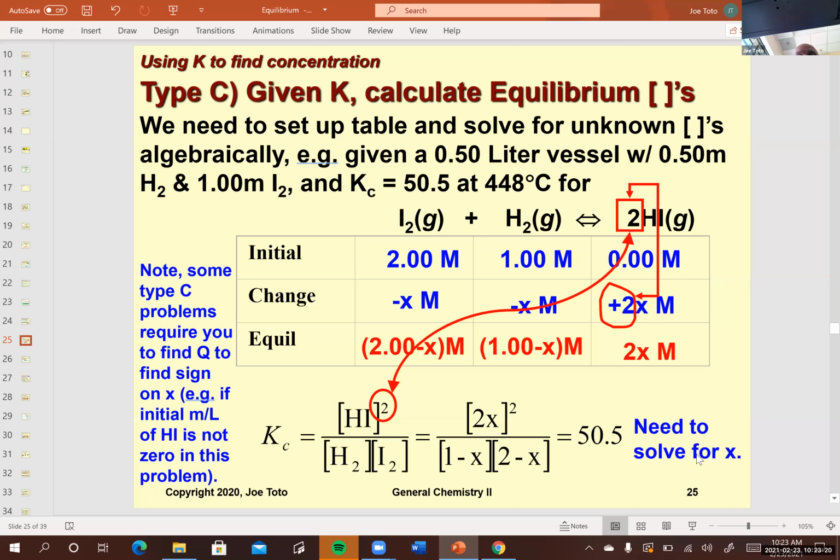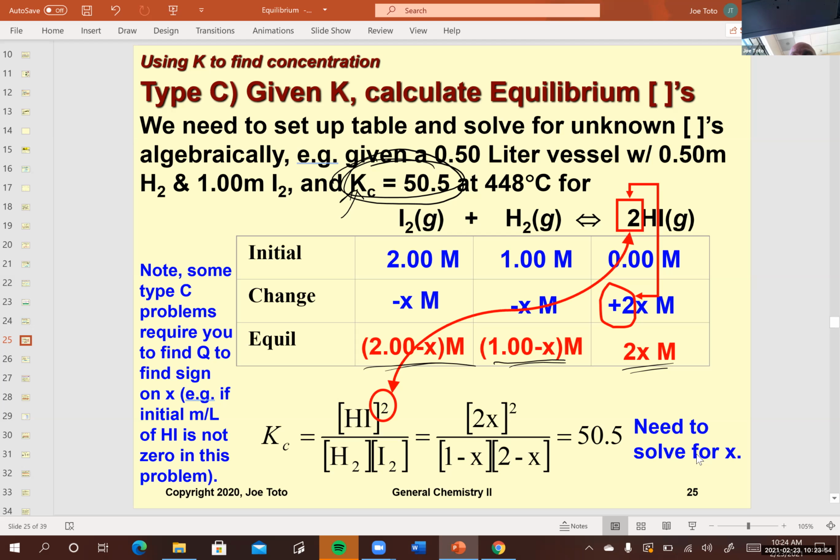Type C equilibrium problems are going to ask you to calculate equilibrium concentrations given the equilibrium constant. So type B, you're asked to calculate the equilibrium constant. In type C, you're given the equilibrium constant and asked to calculate equilibrium concentrations. Okay, and we'll get to this in a second, but I just wanted to point out that because it's a big difference.